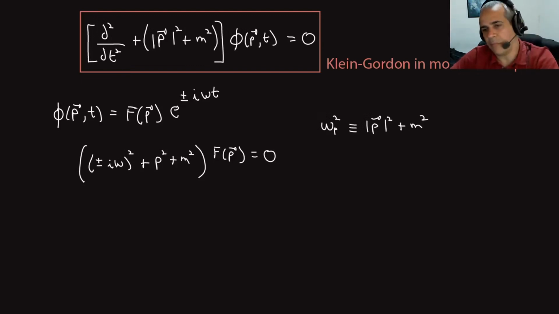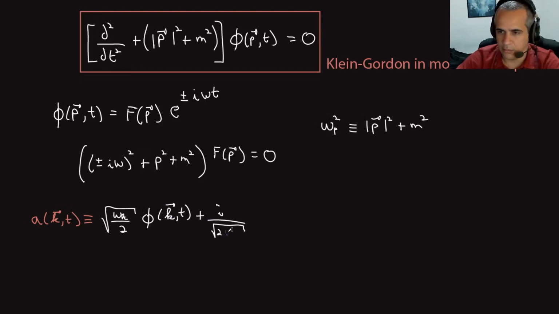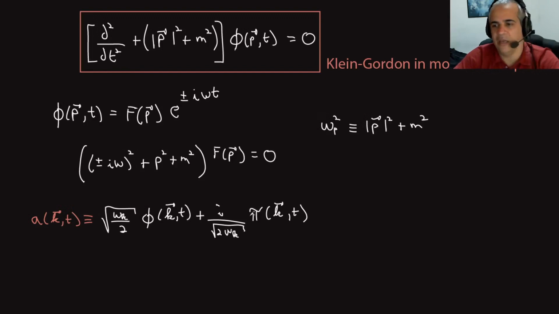So now I'll define these two guys. A of k, t will be defined as the square root of omega_k over 2 times phi of k, t plus i over the square root of 2 omega_k times pi of k, t, which is exactly the same as I did with q and p before, but now it's phi and pi.